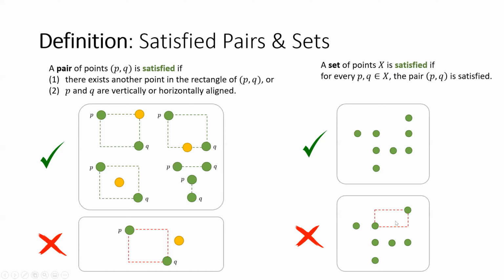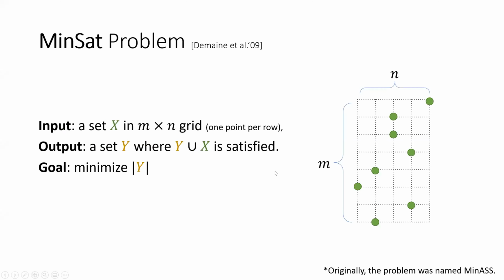All right. And now the MinSat problem. In this problem, you are given a set of points in the plane, in the grid, and in each row you have only one point.